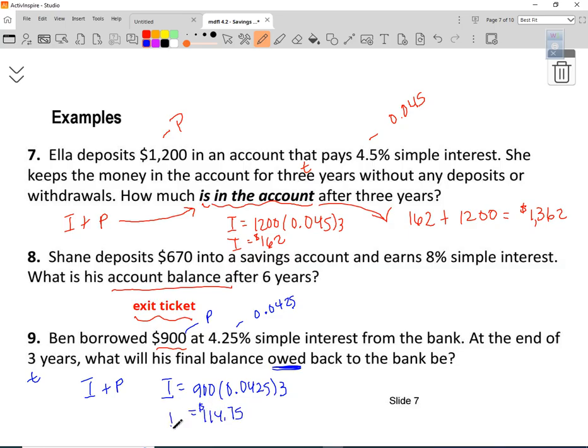This is how much interest he's paying, but he also has to pay back the original amount, the principal amount. So the interest is $114.75 plus the amount he borrowed, and so his final amount that he has to pay back would be $1,014.75.